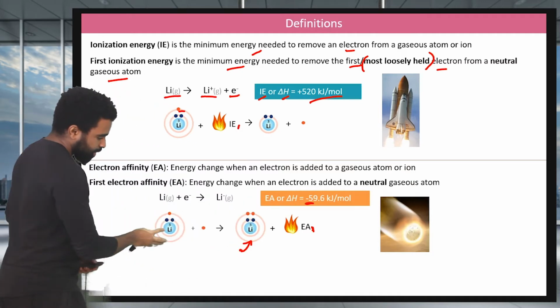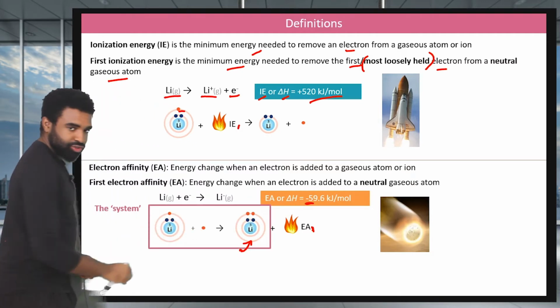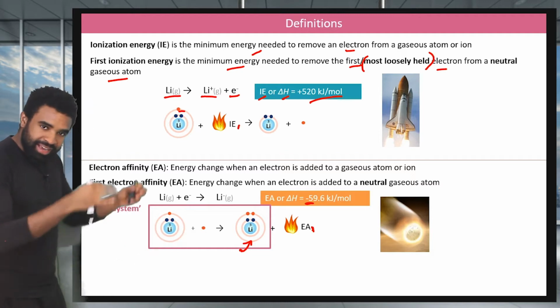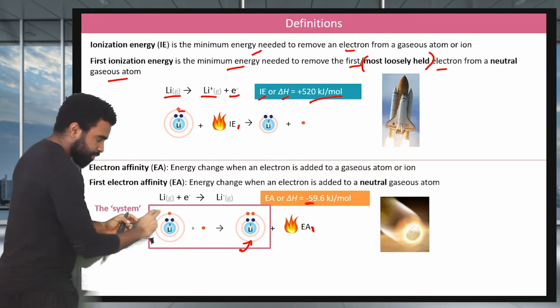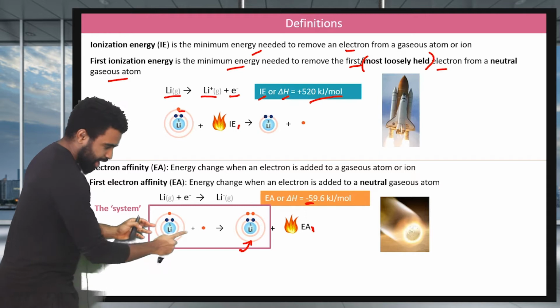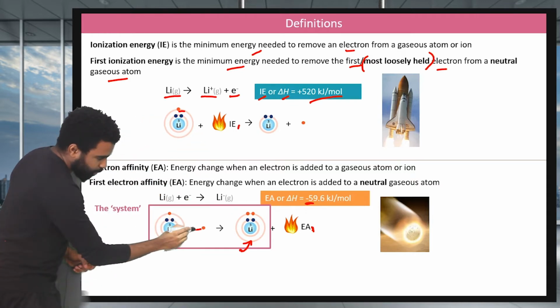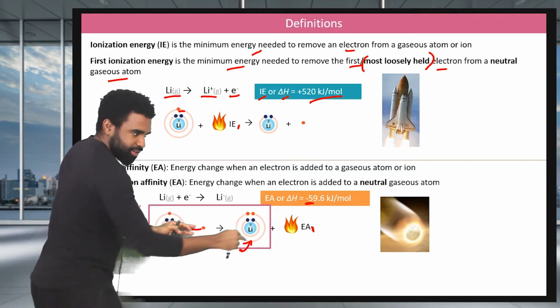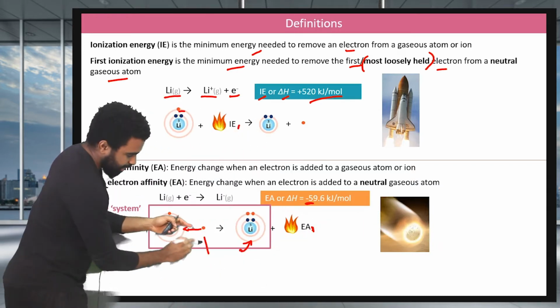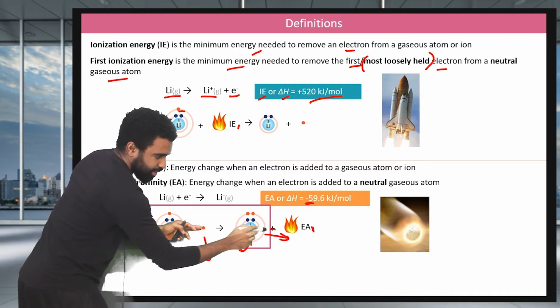Well, we can think of the lithium atom and that electron that got dropped in as a system. In the before state of the system, we had this free electron that had a certain amount of potential energy. And as it falls in, it's basically emitting that energy as heat or light, and that energy is leaving the system.